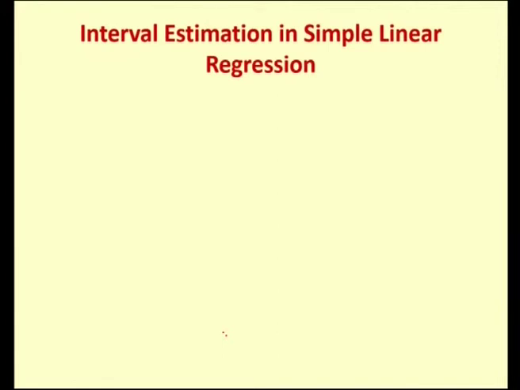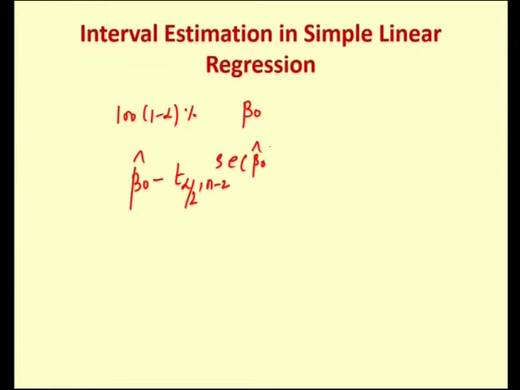And the 100 into 1 minus alpha percent confidence interval for the intercept beta naught is obtained as beta naught cap minus t alpha by 2 comma n minus 2 into the standard error of beta naught cap, less than or equal to beta naught, less than or equal to beta naught cap plus t alpha by 2 comma n minus 2 into the standard error of beta naught cap.